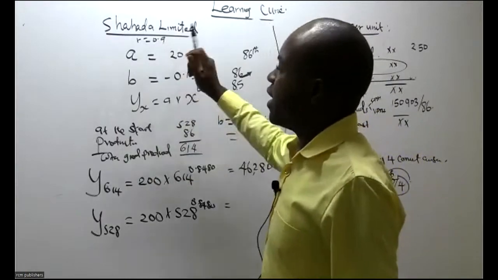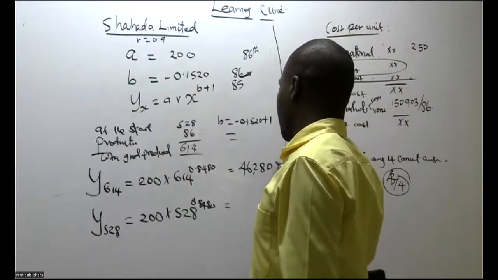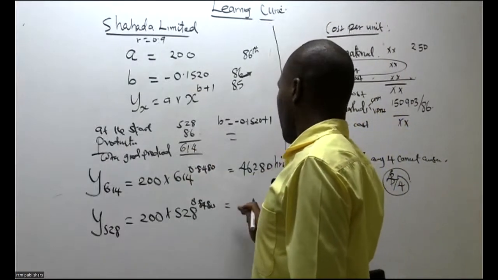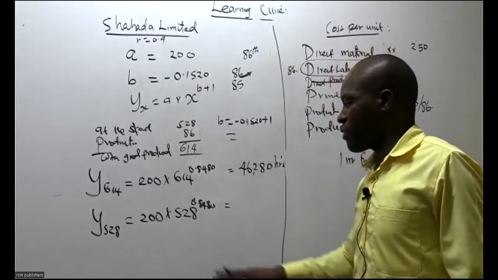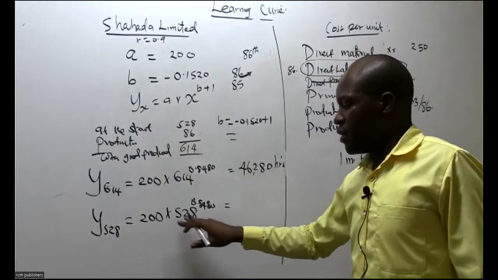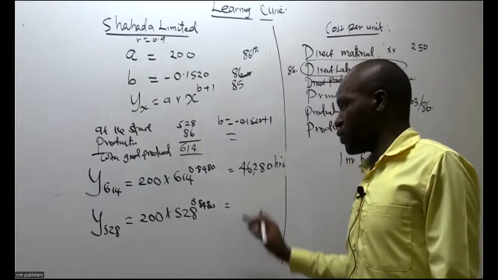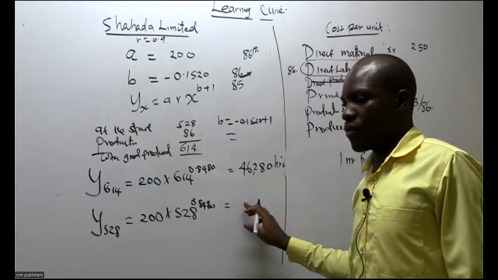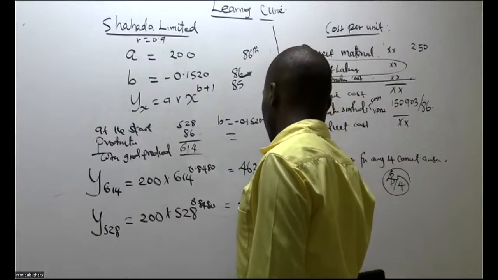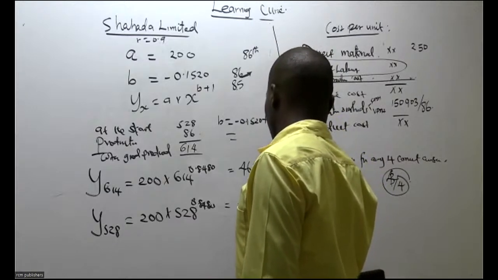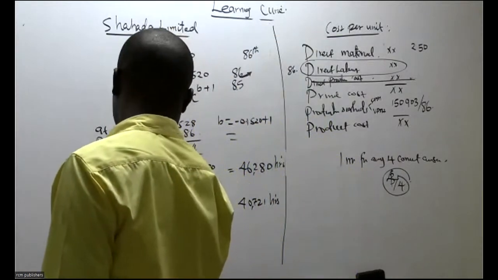Here, we were given the labor hours per unit. So this one will not be shillings, but hours. Let's go to the second one, 528. You take 528 raised to the same power, times 200. We get 721 hours.